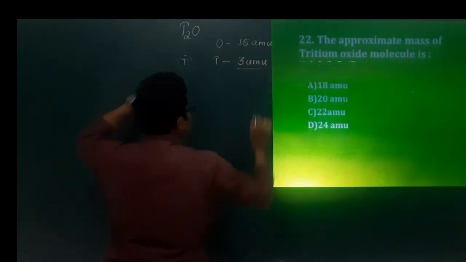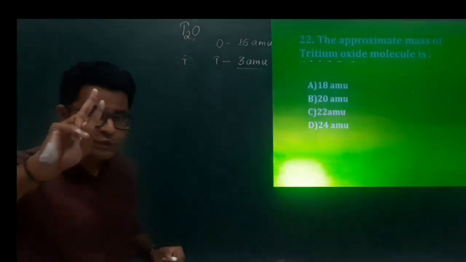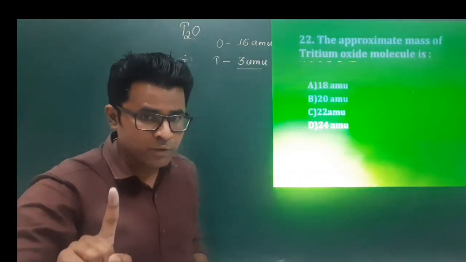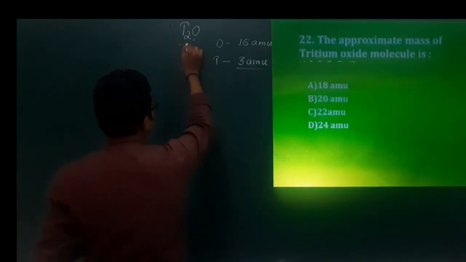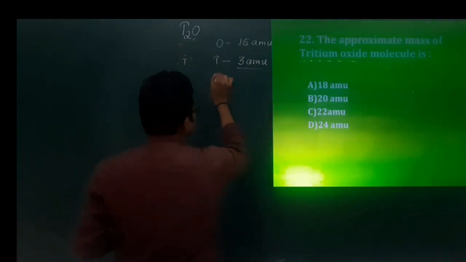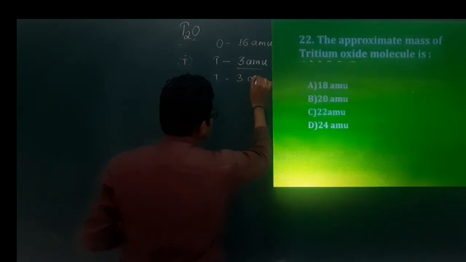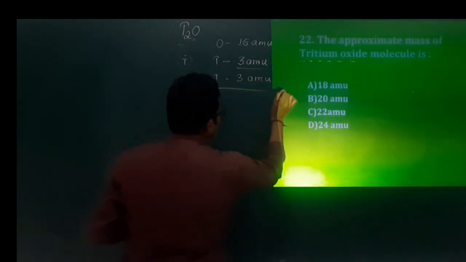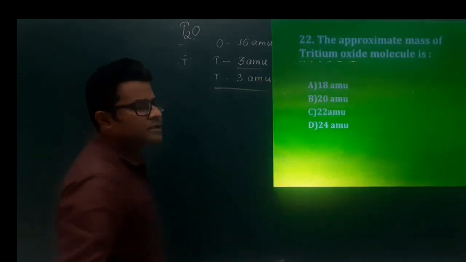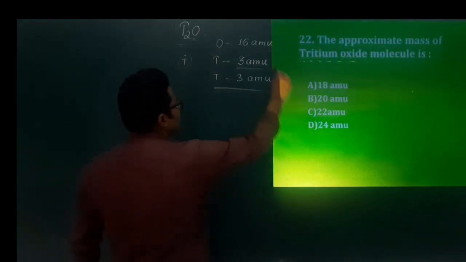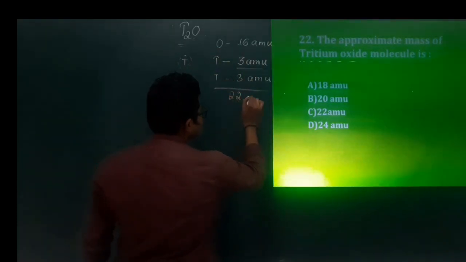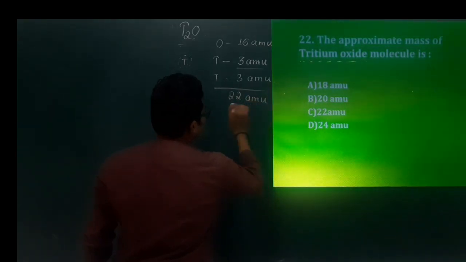It is 3 AMU because of the contents of 2 neutrons and 1 proton. We have 2 tritiums here, so 16 plus 3 plus 3, you will get 22 AMU.